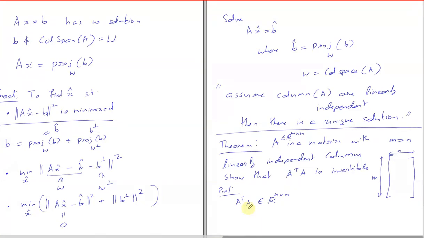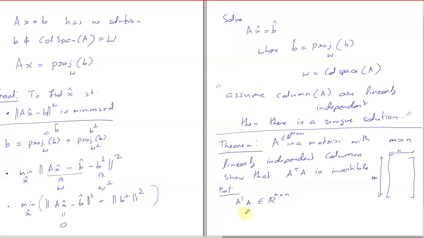When we are multiplying A transpose with A, we are taking dot products of rows of A transpose with columns of A. So that ultimately is a linear combination of numbers.